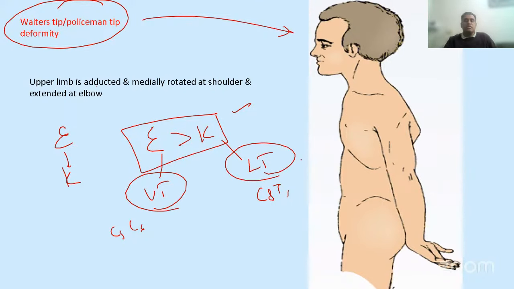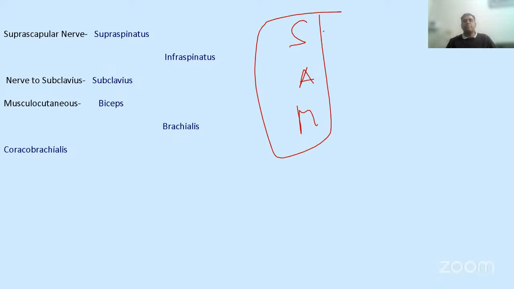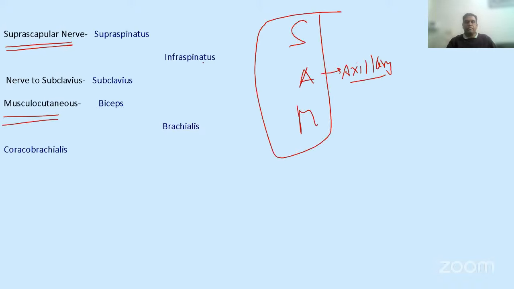This is Erb's palsy involvement over here. The three major nerves are remembered by the mnemonic SAM. S is suprascapular nerve, M is musculocutaneous, and A is axillary nerve, the same nerve for which I asked you the question, which will be in the next slide. It supplies deltoid and teres minor.